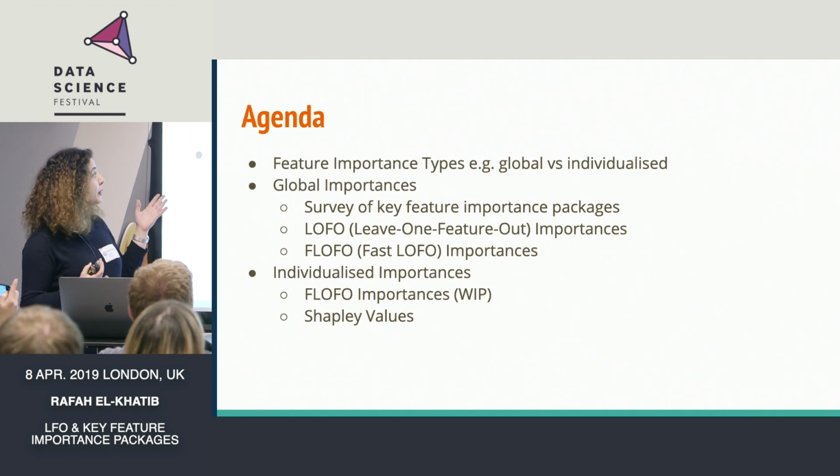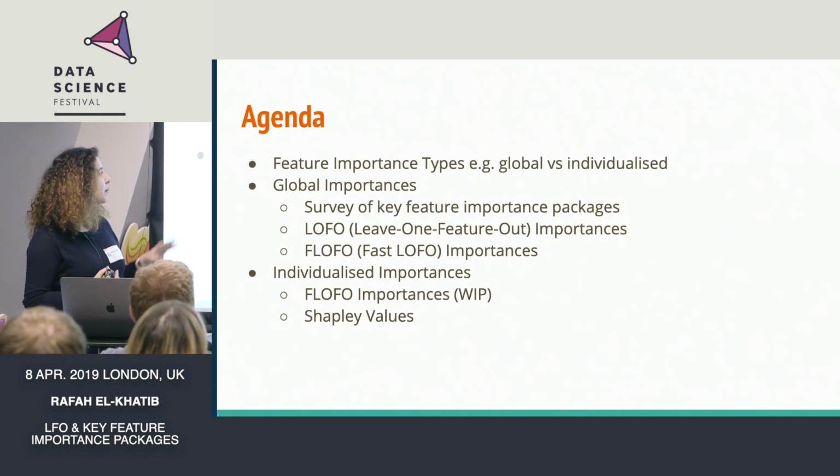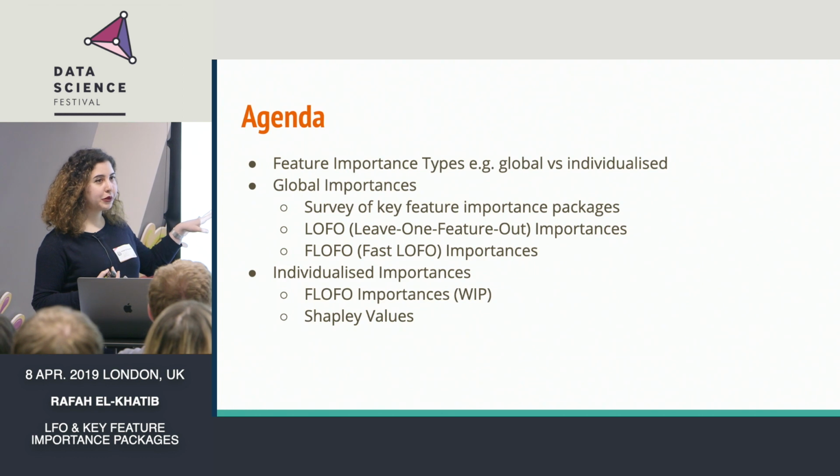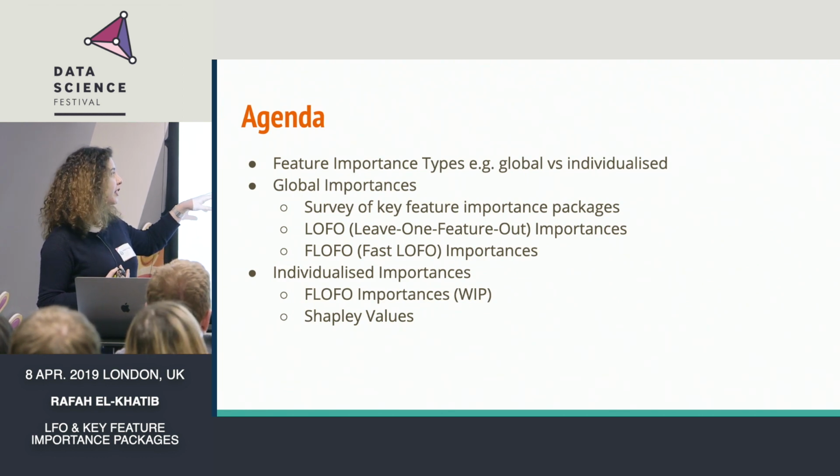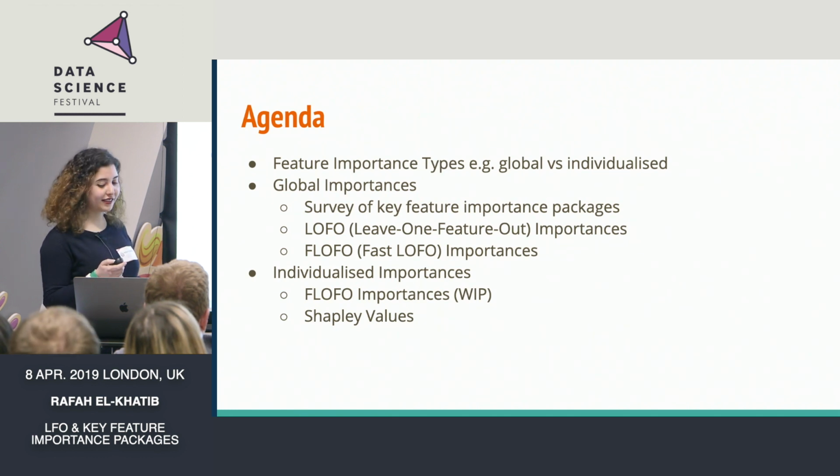Then I'm going to talk about what we developed at ING: LOFO, leave one feature out importance, and its fast approximation, FLOFO. Then I'm going to briefly talk about individualized importances. We're still working on individualized FLOFO importances. And I'm also going to briefly discuss Shapley values, which are very popular and that I like a lot.